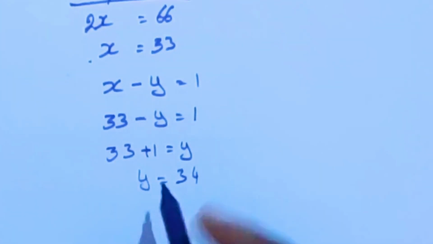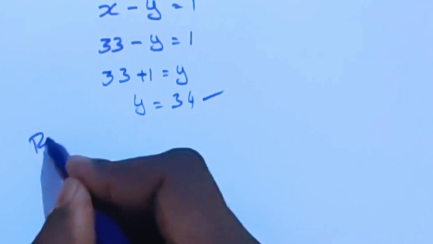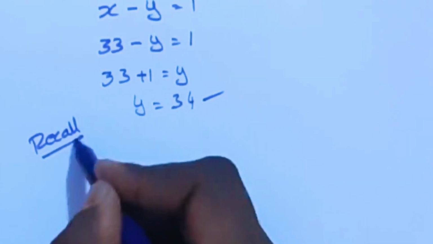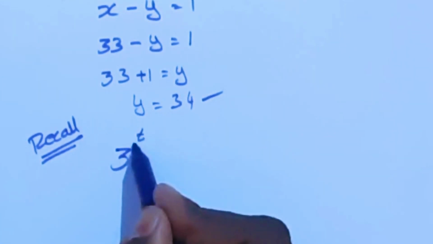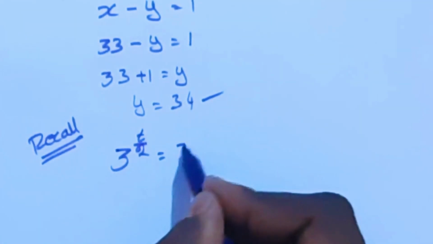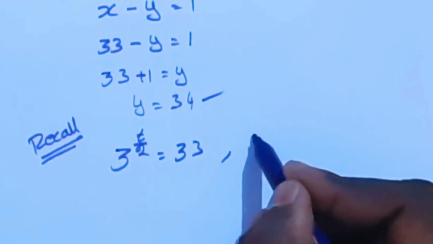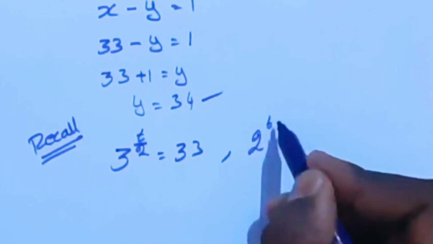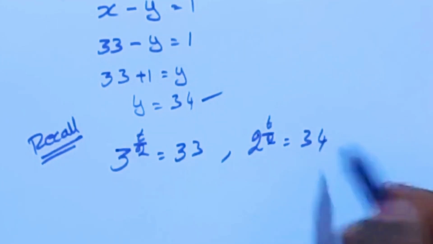Now we found that x and y, recall this. x here is 3 power t by 2 equal to 33. Same way y here is 2 power t by 2 equal to 34.